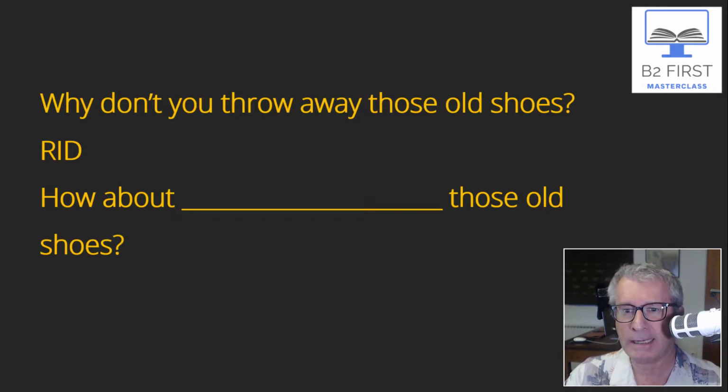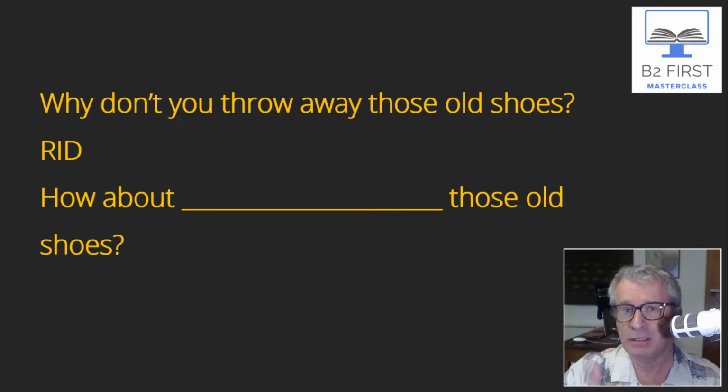Question number 1. "Why don't you throw away those old shoes?" said my wife. And the word we are given is "rid". So you kind of need to know this phrasal verb to answer this question. How about those old shoes? Do you know the phrasal verb that means to throw something away?